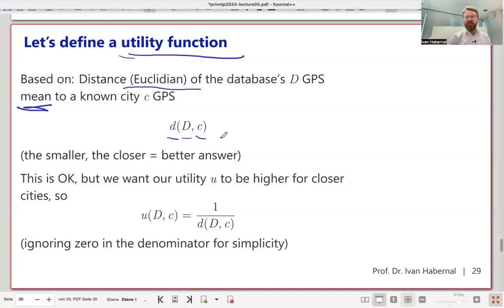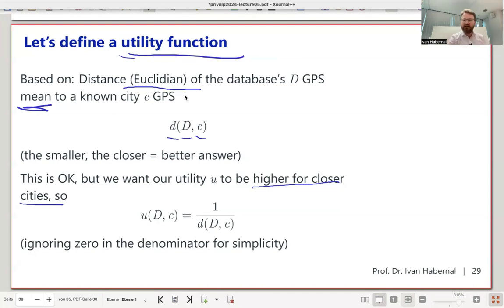So this utility function is great, but we're going to make a little turn. We want to make the utility higher for closer cities, so we just turn it around. For any city which is close to the actual mean, the utility is high, so everybody will be happier to travel to the middle.